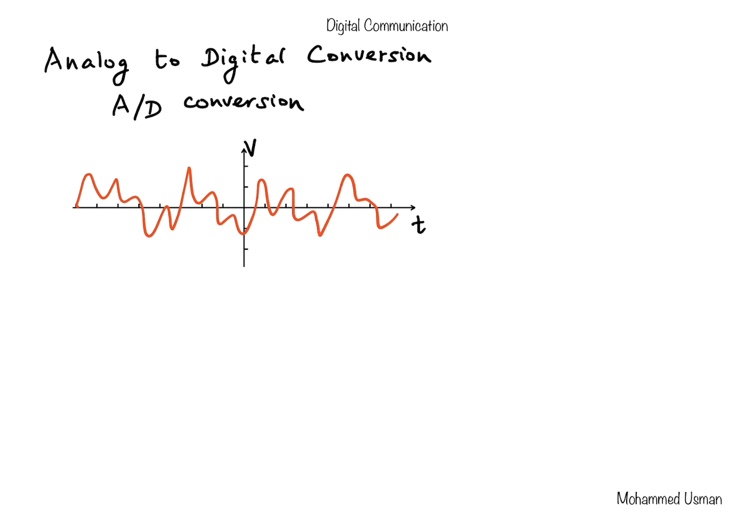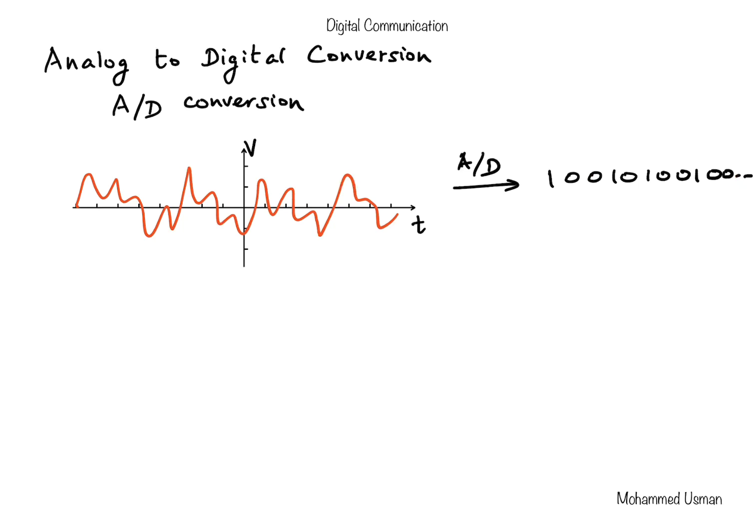So transforming a signal from analog to digital, which is a sequence of bits, for example, and so on. This process is called A to D conversion, analog to digital conversion, wherein a signal, which is a continuous function of time, has been converted to a sequence of bits.